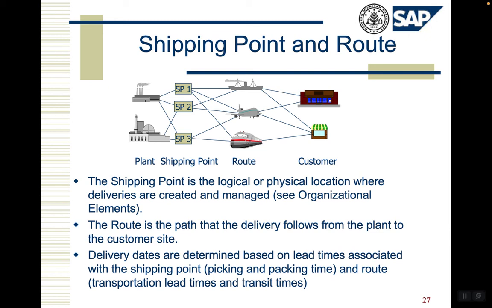A lot of times you'll see product will go part of the way by truck, get put on a ship, get sent to another location, get picked up and delivered by rail. Any number of different ways, from a shipping and transport functionality. And really, the shipping point defines how that flows.